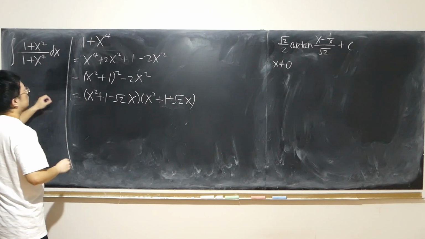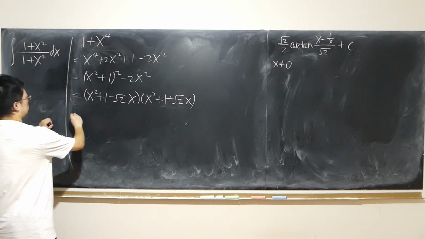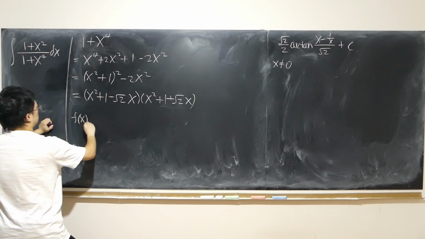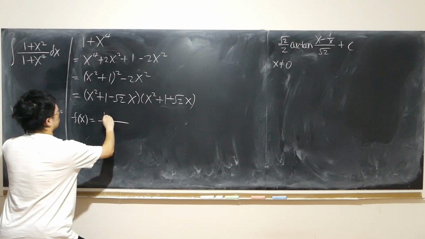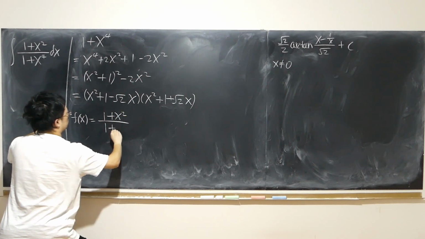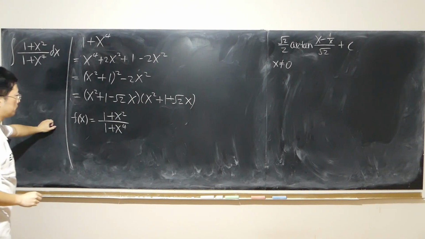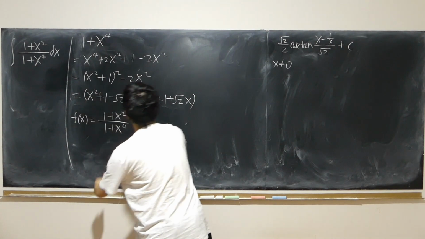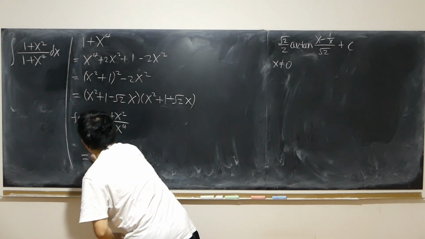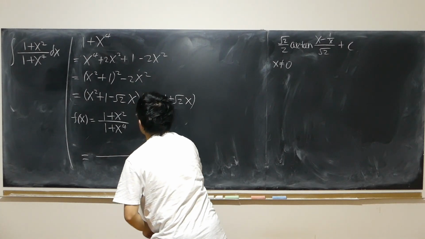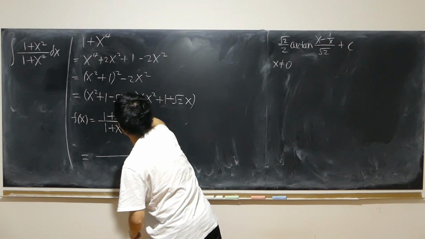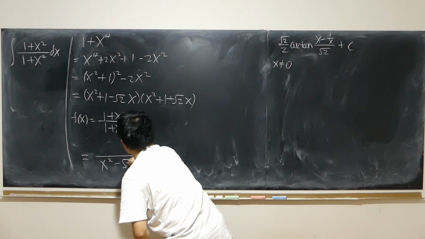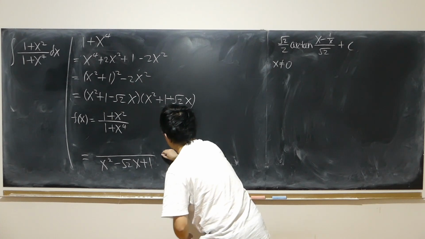The integrand, 1 plus x squared over 1 plus x to the fourth, should be equal to a partial fraction. The first factor is x squared minus square root of 2x plus 1, and the other.